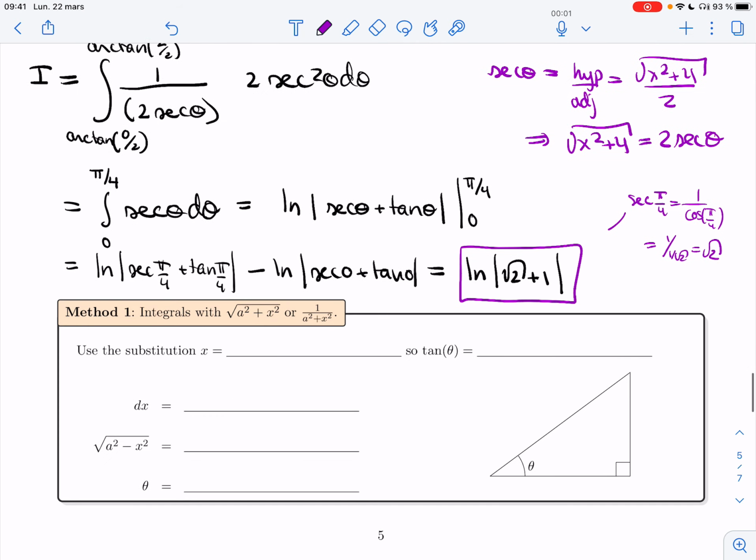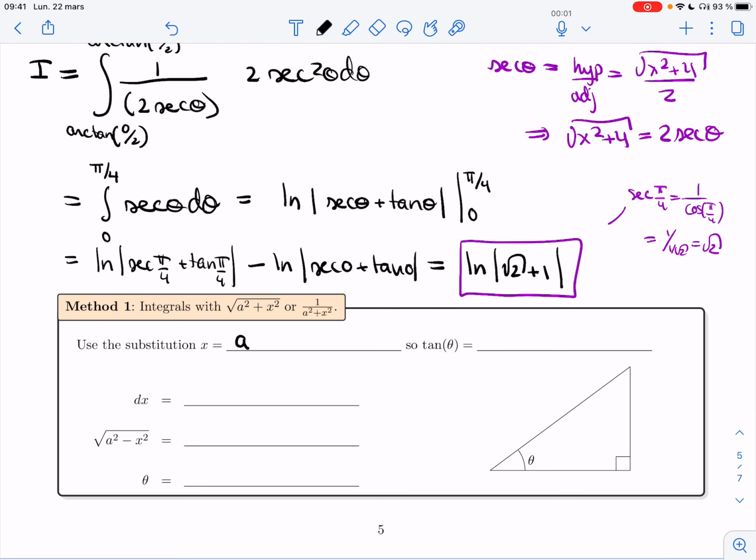All right, so here's the method to integrate these types of functions. You use the substitution x equals a tan theta. Tan theta is x on a. That tells you how to build your triangle. X on a, opposite over adjacent. The remaining side is going to be the square root of x squared plus a squared.